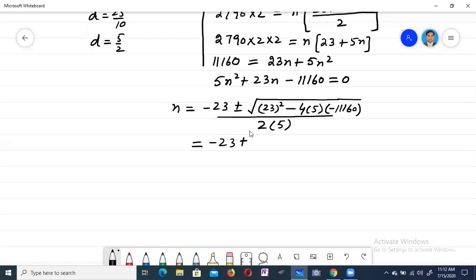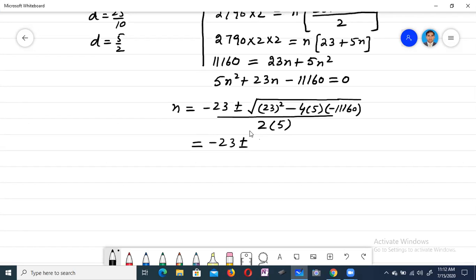Now we have to simplify this one. Minus 23 plus minus, this inside the bracket, this minus into minus will be plus. Then on calculator you can calculate this one. 23 square plus 4 5s are 20 into 11,160.